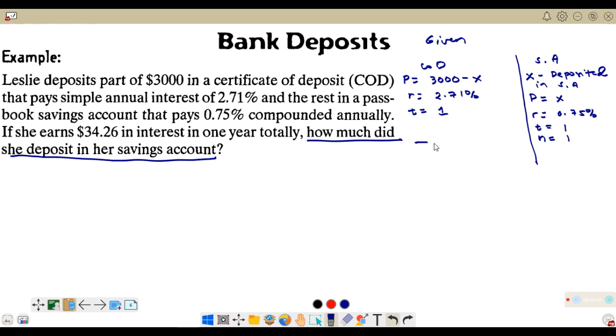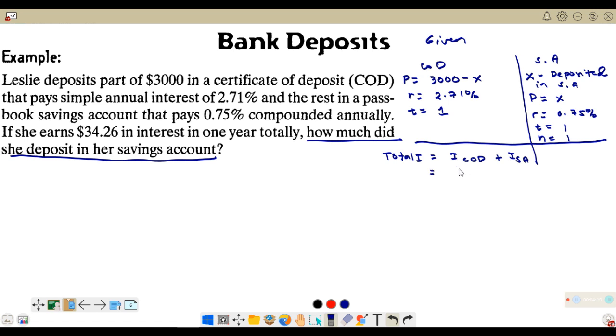And we have an additional data. So, meron tayong amount of interest from the certificate of deposit at saka savings account. Total interest is the interest from COD at saka interest from savings account.